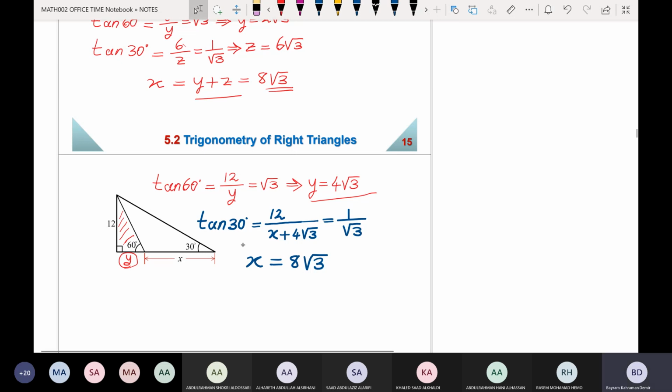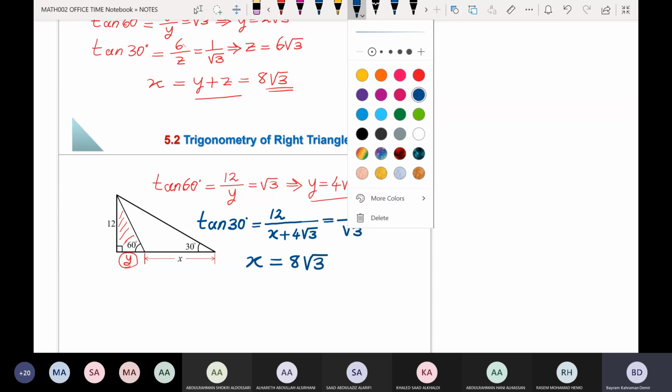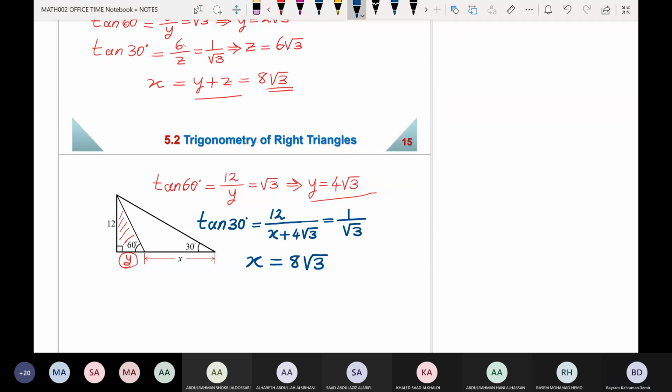And now let's look at the big triangle. Let me just do it like that for you. Look at the big triangle. So again, calculate the tangent of 30 degrees.